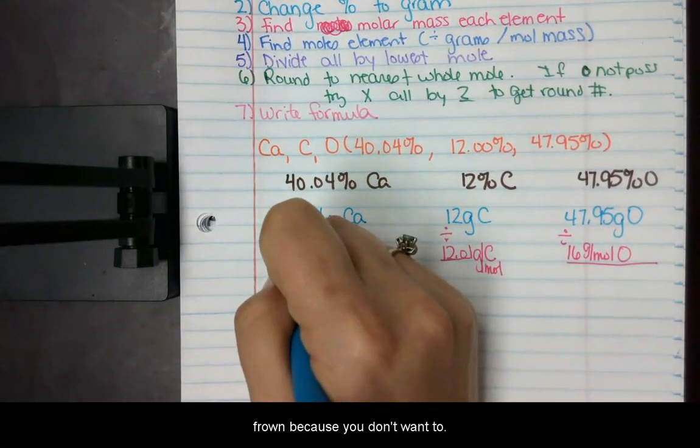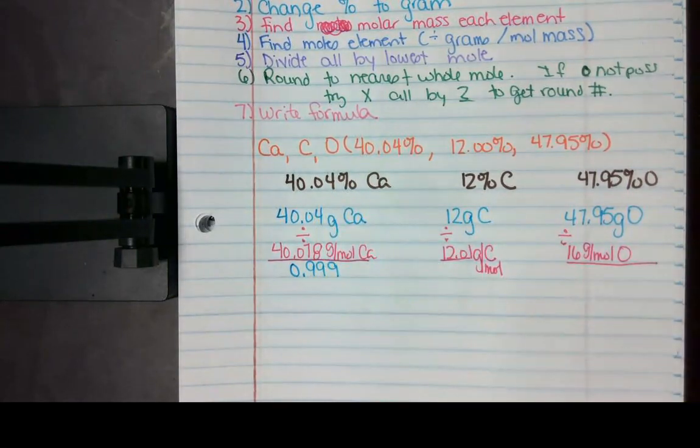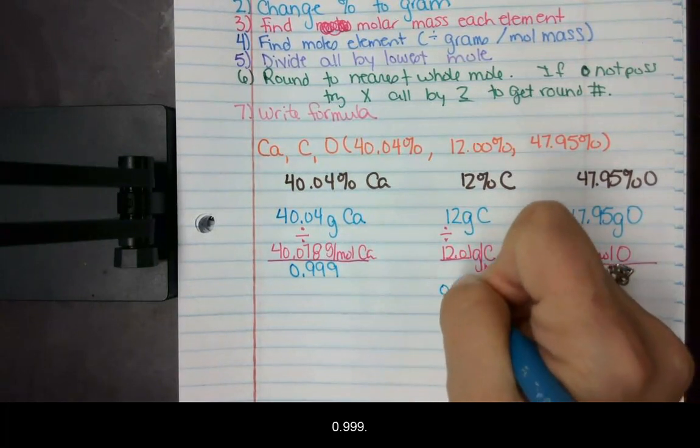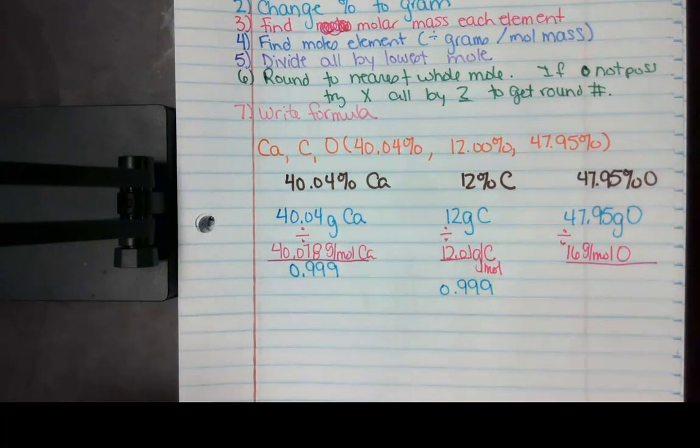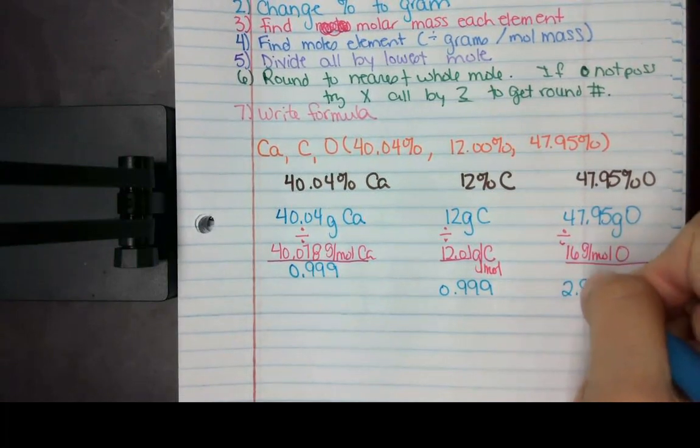At this point, do not round, because you don't want to round prematurely. 12 divided by 12.01 gives you 0.999, and 47.95 divided by 16 gives us 2.99.